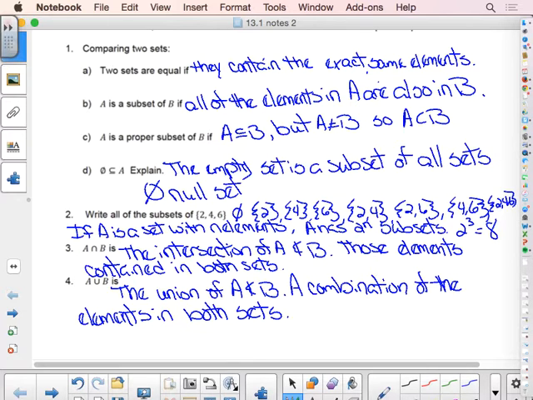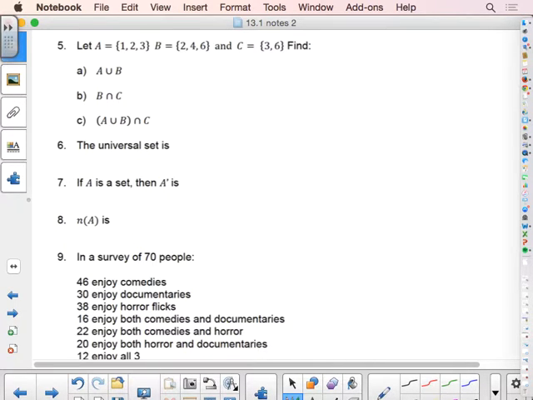Okay, number 5 says let set A be the elements 1, 2, and 3, set B 2, 4, and 6, and set C 3 and 6. So the union of A and B will be the combination of those elements 1, 2, 3, 4, and 6.